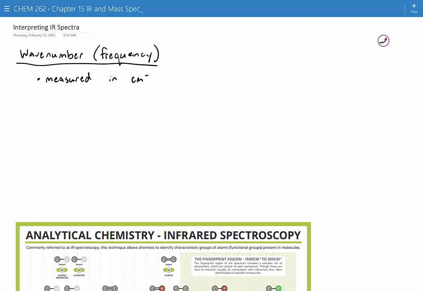So we do centimeter with a -1 as the exponent. And then we said that higher frequency is indicative of either a light atom. It can be indicative of a strong bond.